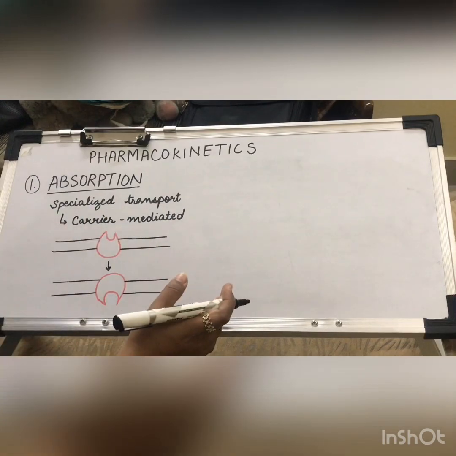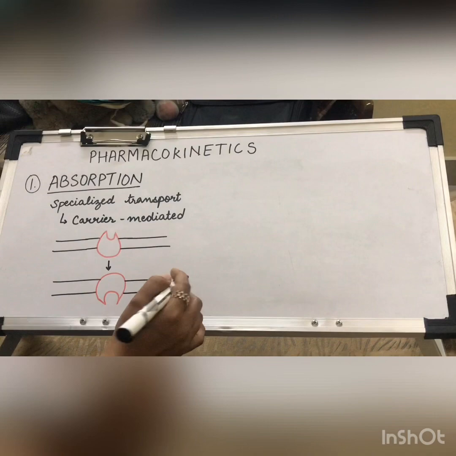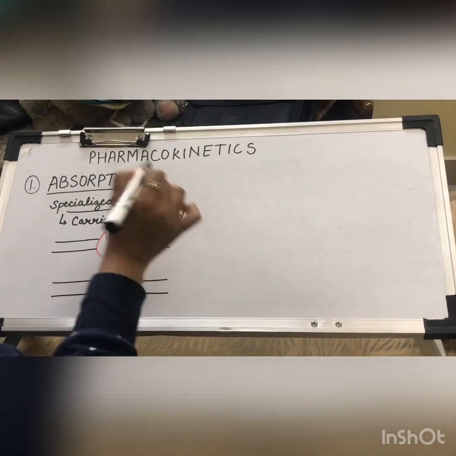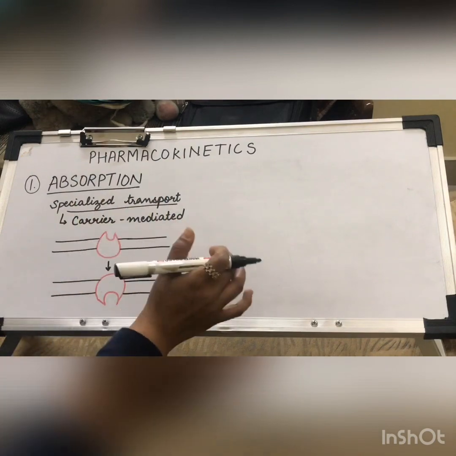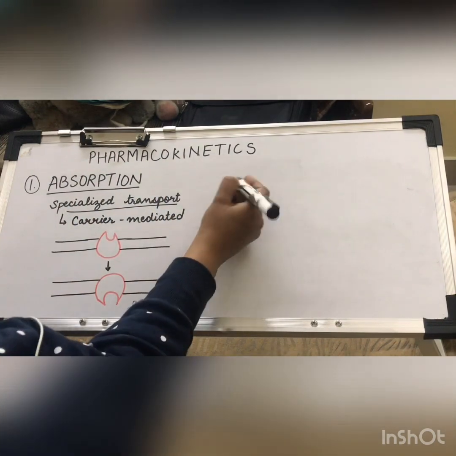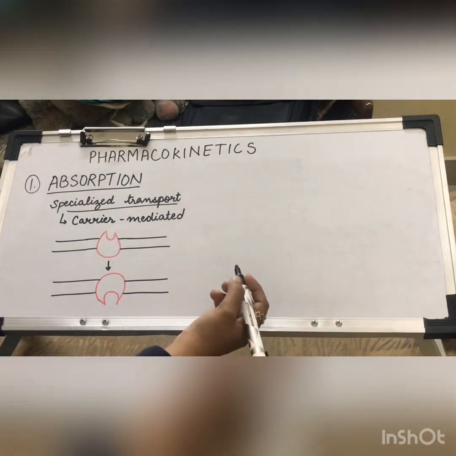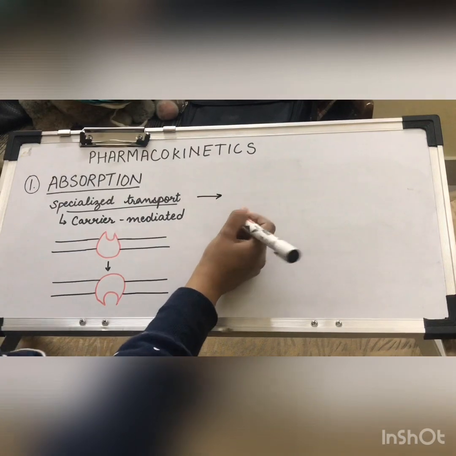Now, the second transport mechanism through which drug absorption takes place other than passive diffusion is specialized transport. The major specialized transport is carrier mediated transport. There are others, like phagocytosis or pinocytosis, but they contribute little.